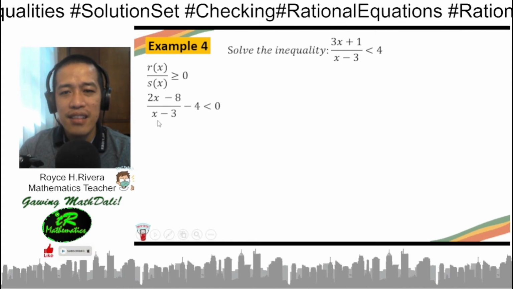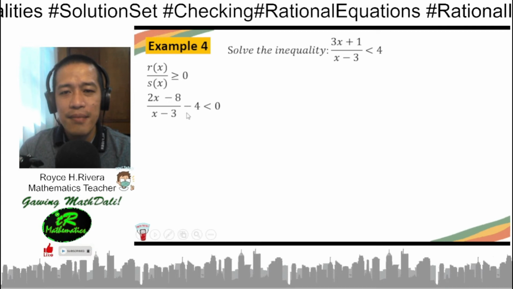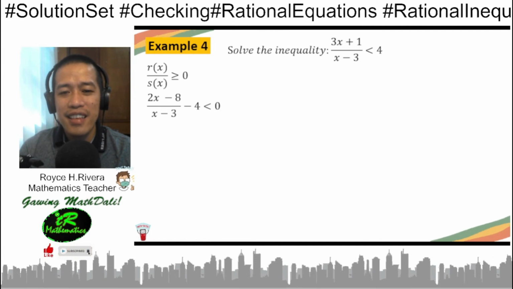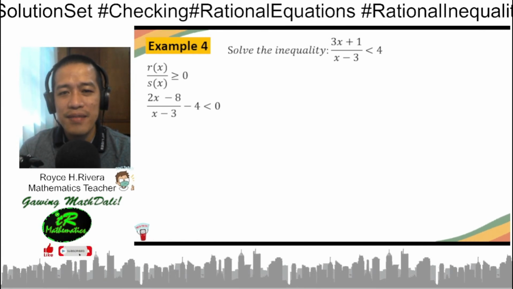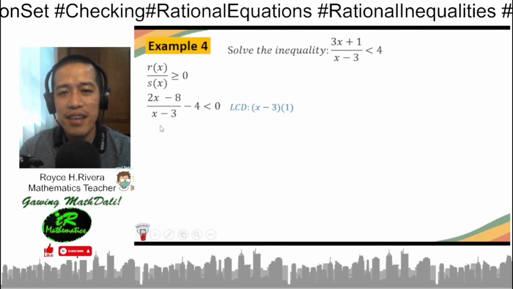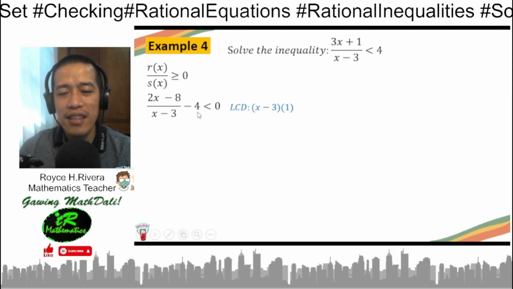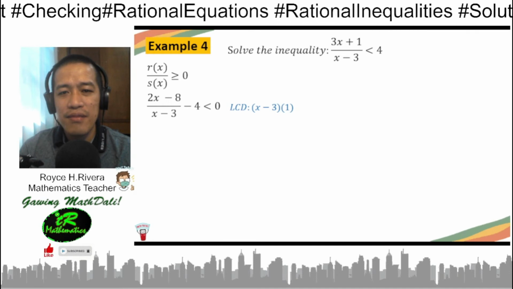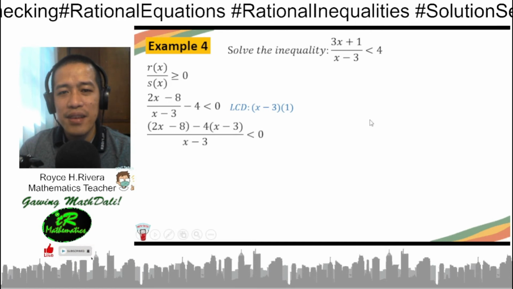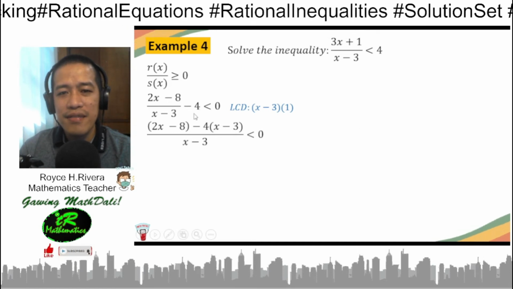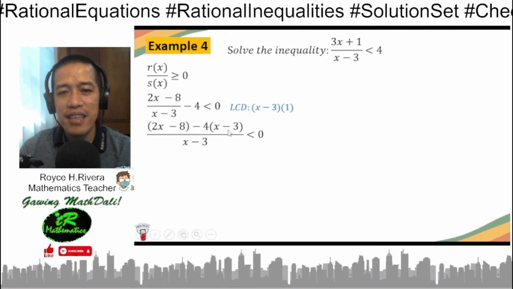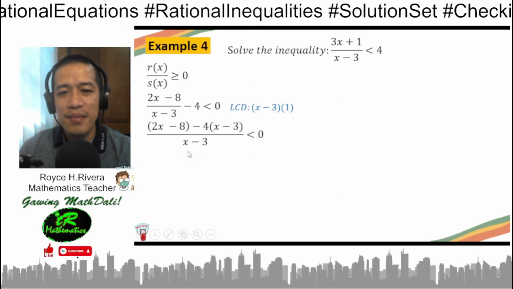3x plus 1 all over x minus 3 minus 4 less than 0. Now we can get the least common denominator. So it is obvious that the LCD is the product of x minus 3 and 1, which is the denominator of 4. We now multiply the LCD to both sides and we will obtain the quantity 3x plus 1 minus 4 times the quantity x minus 3 all over x minus 3.